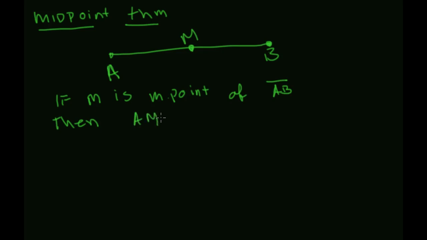We can say that AM is half of AB and MB is also 1/2 of AB.